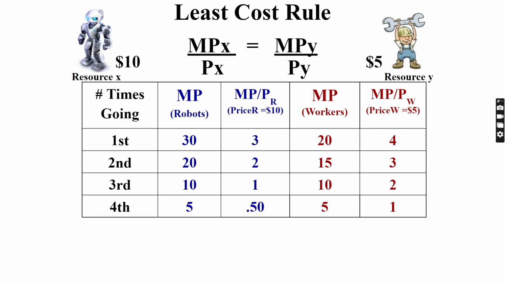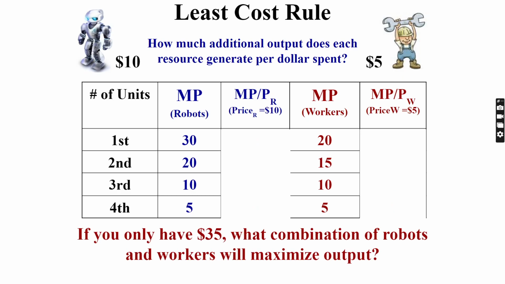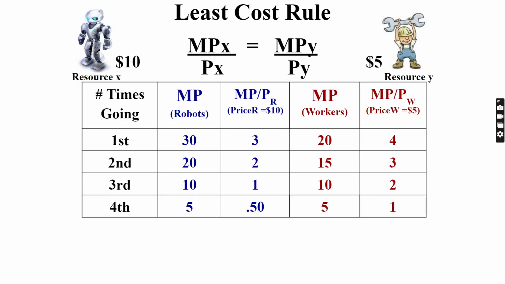In order to answer this question of how many robots and how many workers this firm should employ to maximize output and to minimize costs, we have to use the least cost rule. We're going to put the marginal product per dollar of each resource equal to each other, and figure out how many robots and how many workers this firm should employ.